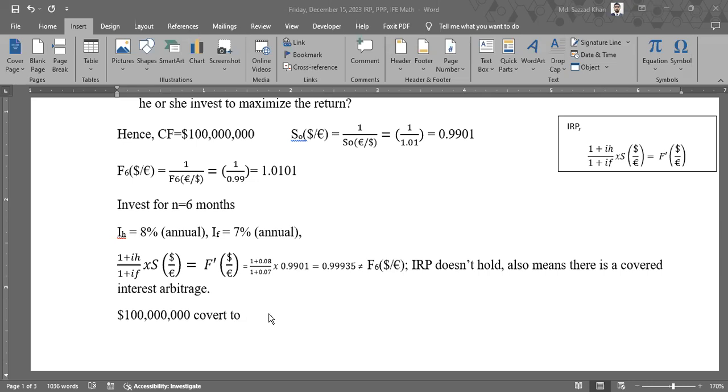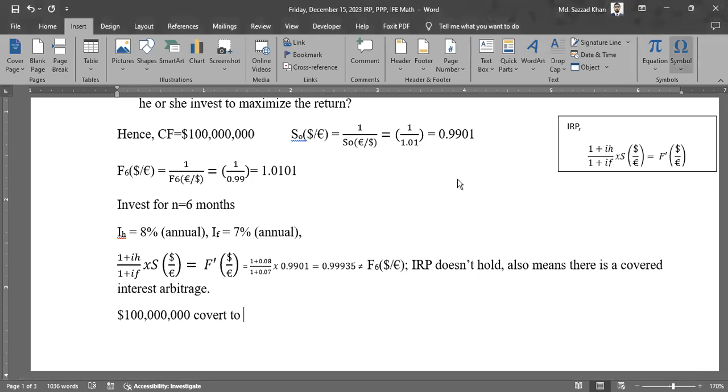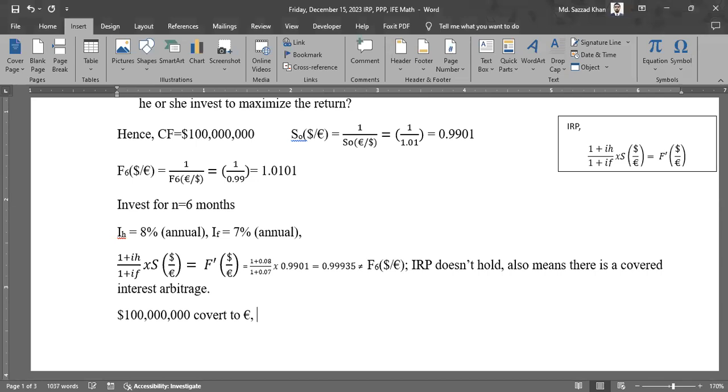Okay. You can convert to euro. We already have euro. How we can convert?